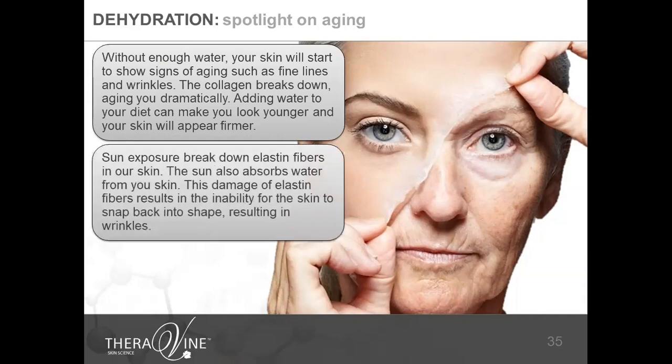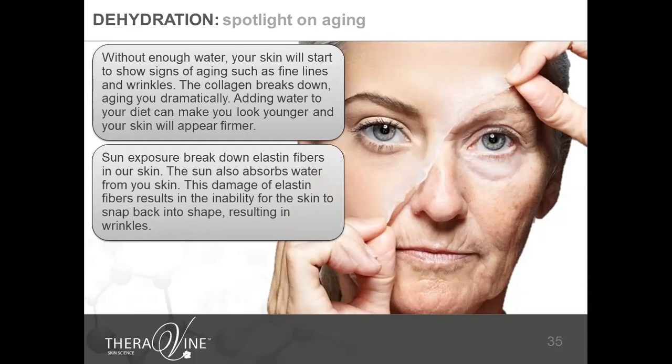Sun exposure breaks down elastin fibers. The sun also absorbs water from your skin. This damage of elastin fibers results in the inability of the skin to snap back into shape, resulting in wrinkles.